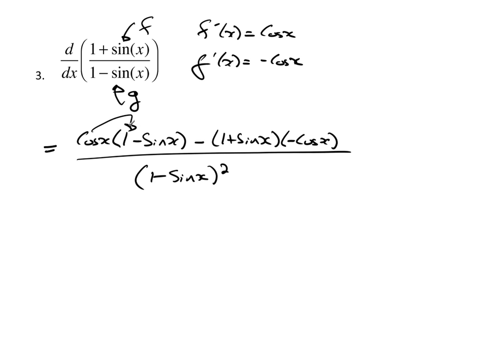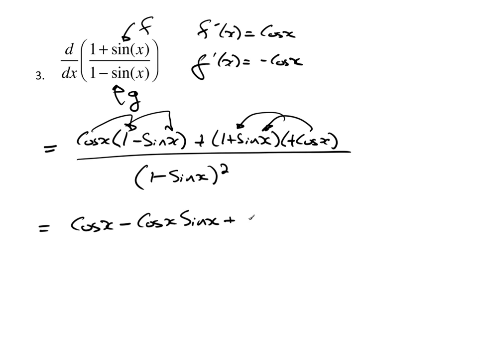Now, this thing is just absolutely begging to do some simplification here. So I will distribute and see what I get. This would be cosine of x minus cosine x sine x. I have a double negative, so I'm going to make that a positive.